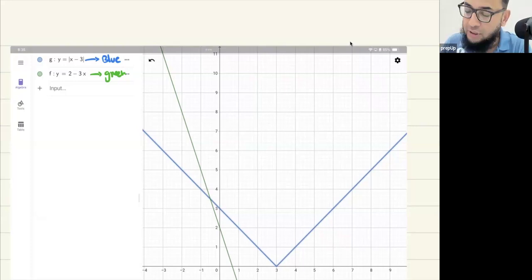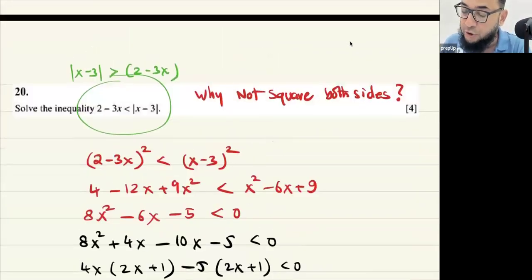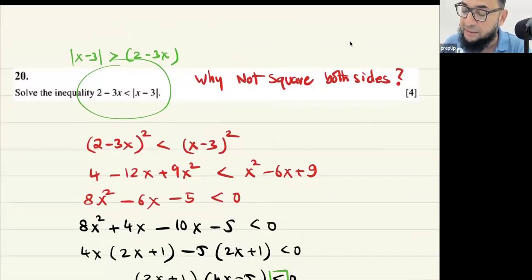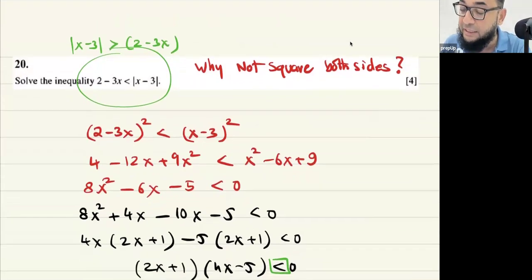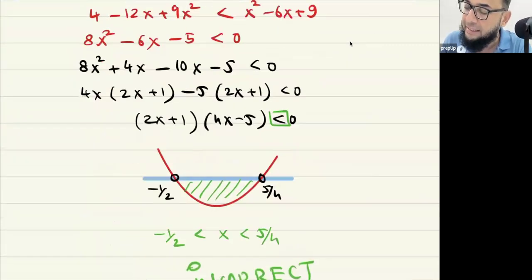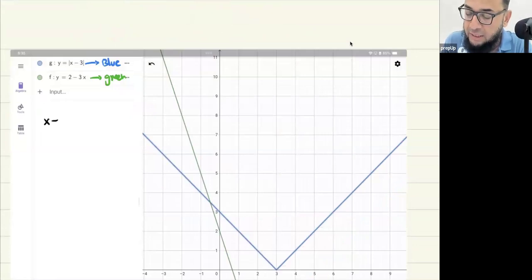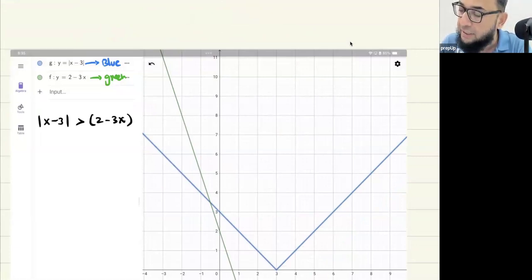And the equation is what? The modulus of x minus 3 is greater than 2 minus 3x. The modulus of x minus 3 is this blue color thing, and 2 minus 3x is the green color thing.